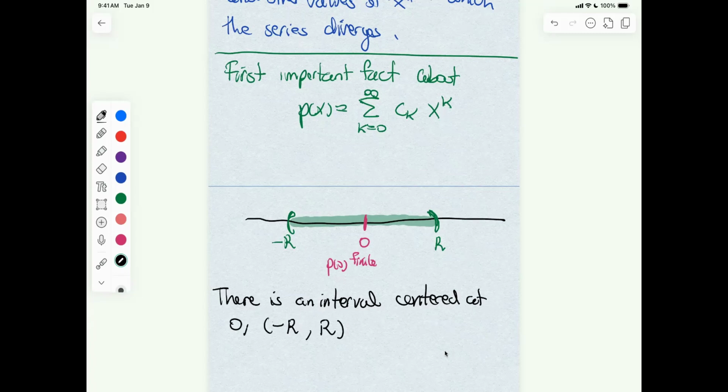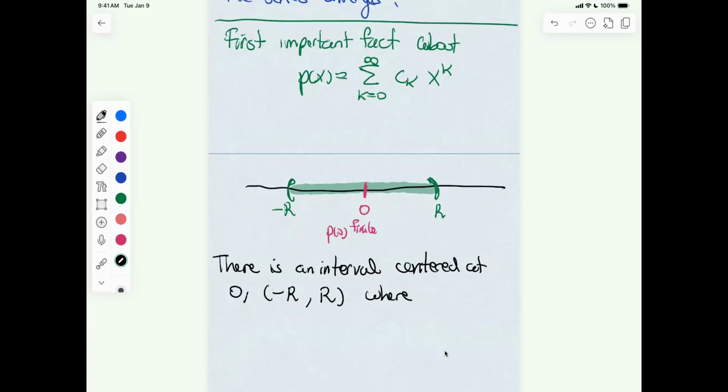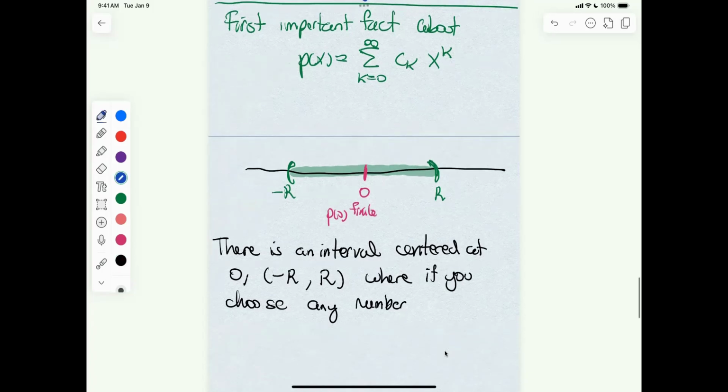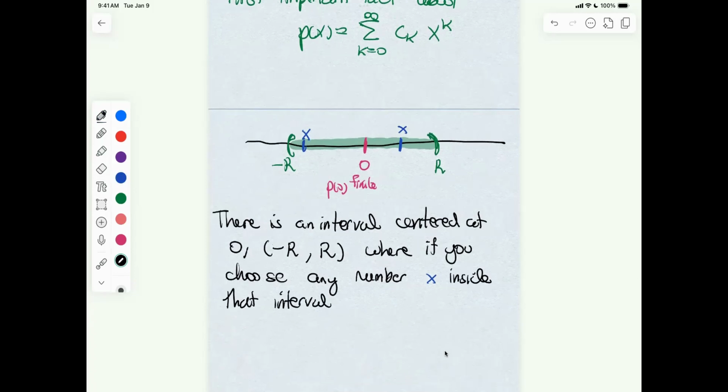So let's say x could be here or it could be here, and x could be anywhere on that interval. P of x will be finite.